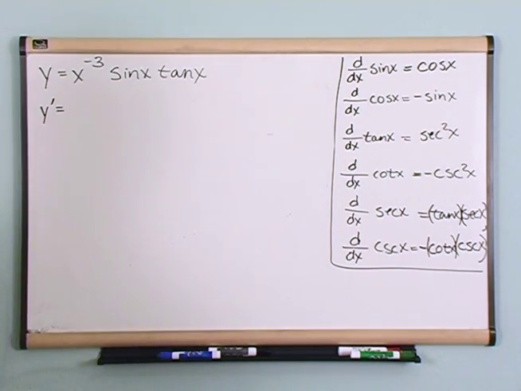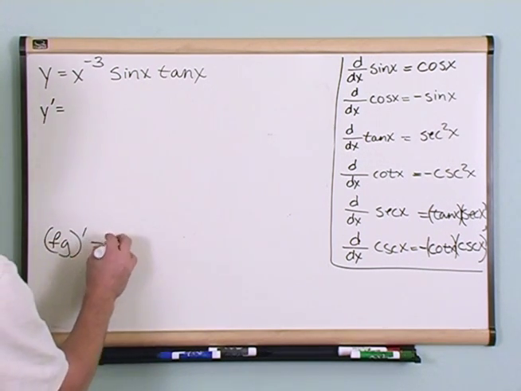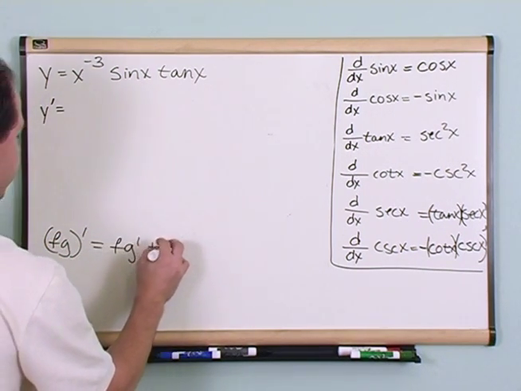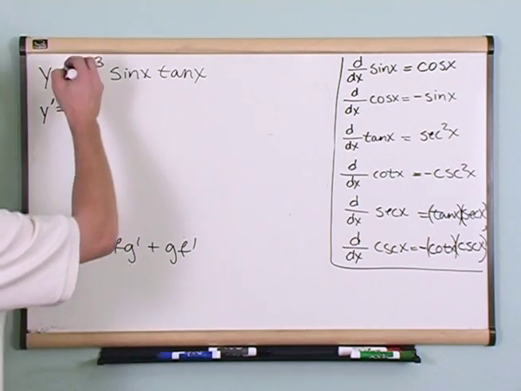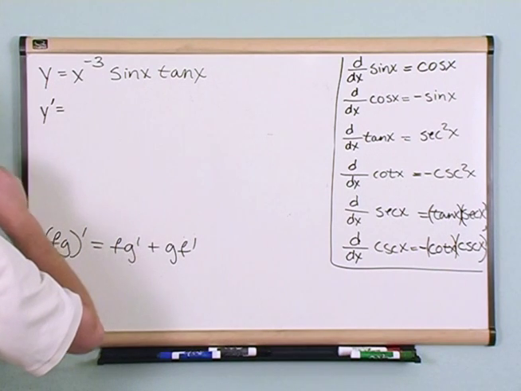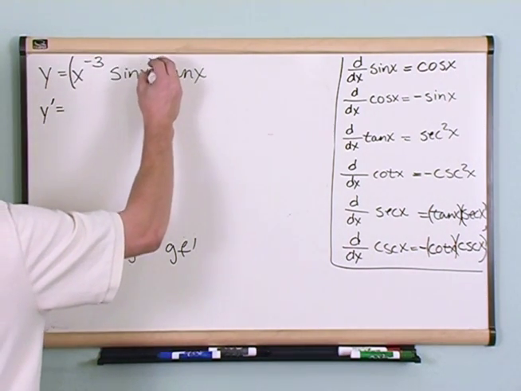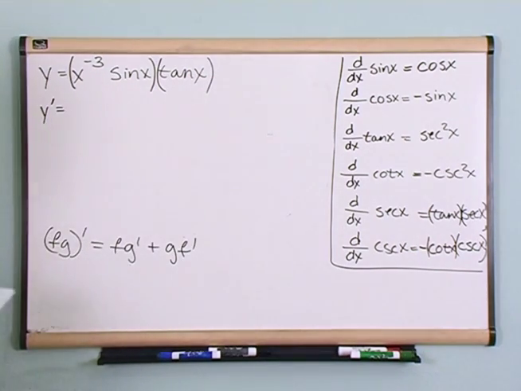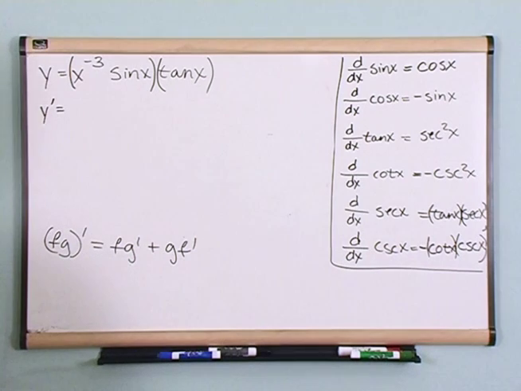Well, my advice to you is, since the rule that you know of so far to take a derivative of 2 things multiplied together would look like this: first times the derivative of the second plus the second times the derivative of the first. That's what we've been working with. My advice to you would be to treat this as one term and then treat this as one term. So this is your first function here and this is your second function here, and you will see that that's going to help you.